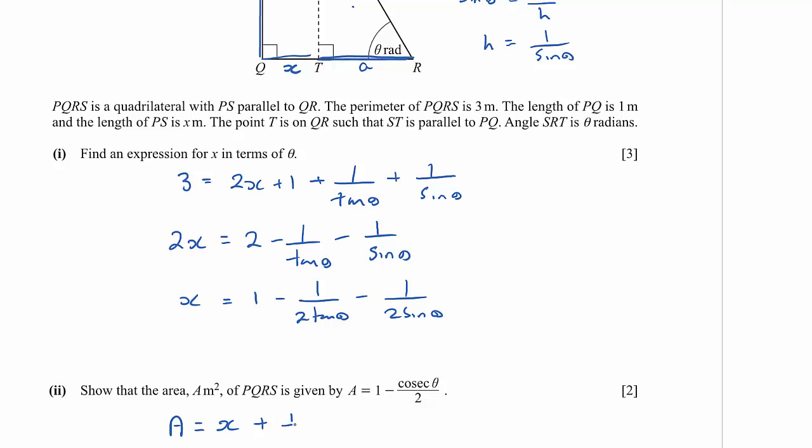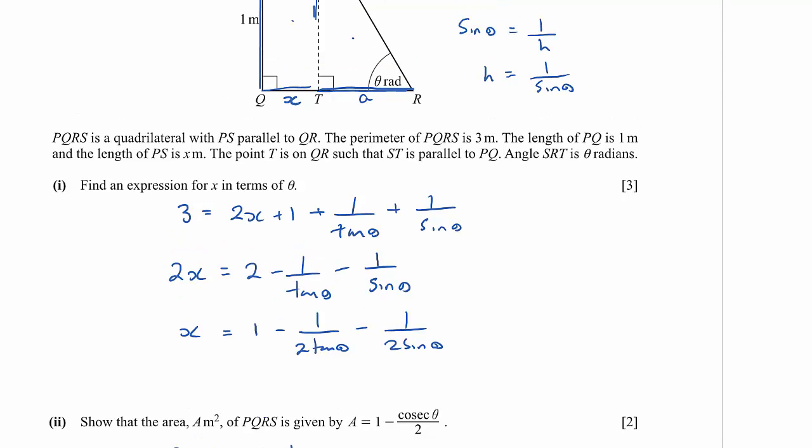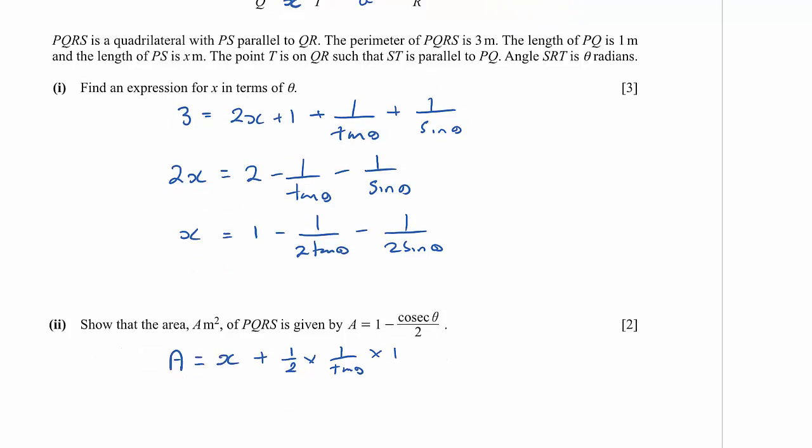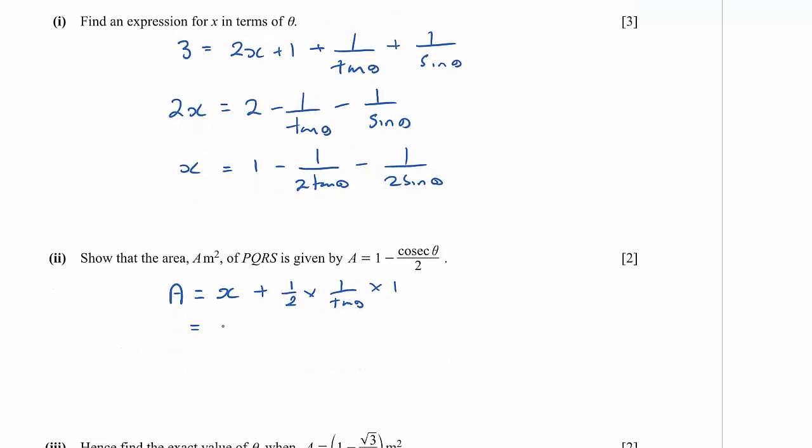So that's going to be a half times a, which we know is 1 over tan theta, times the height, which is just 1. So that is going to be x plus 1 over 2 tan theta.